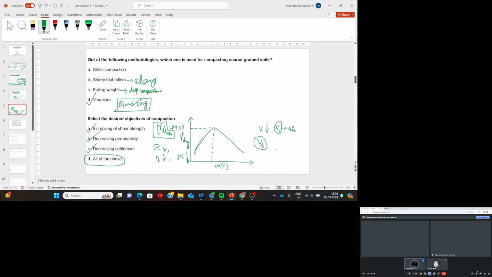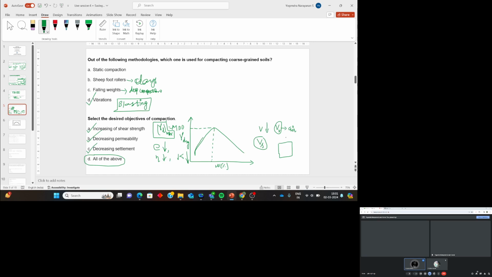All right. If you are applying load at the end of compaction, when you are achieving maximum dry density, there will be no more air voids that can be released by application of load. Whatever load we apply further during construction will be comparable to the load that you applied during the compaction process.